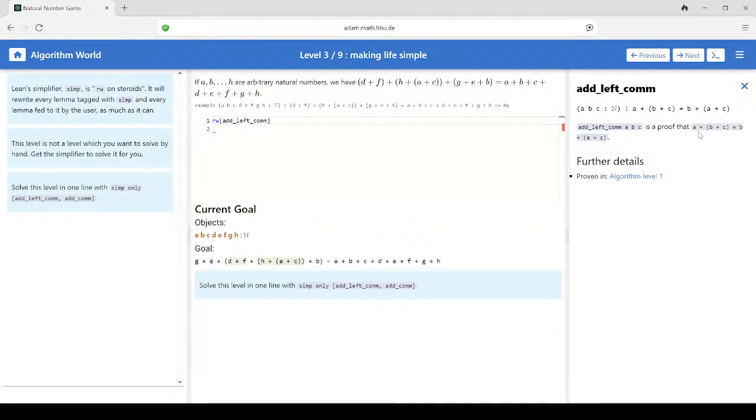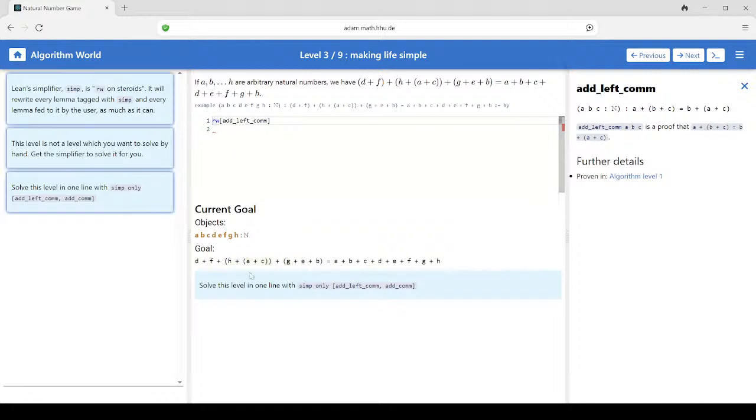Add left commutative is going to take every one of these and switch them around so that the one outside the brackets is inside the brackets.